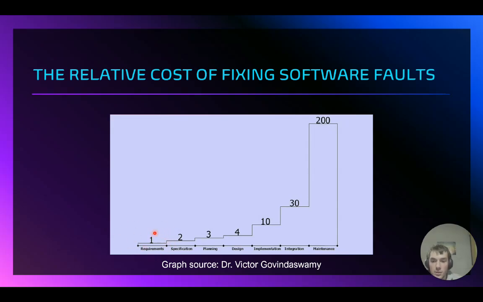It's going to take 1 unit of effort to correct that. As you move through the process, you'll see that correcting that error is going to take longer and longer and take more and more resources until, if you're fixing an error that you've coded in and developed with and tested, and you need to rewrite a lot of code, in the maintenance stage, that's going to cost 200 times what it would have cost if you had fixed it early on.